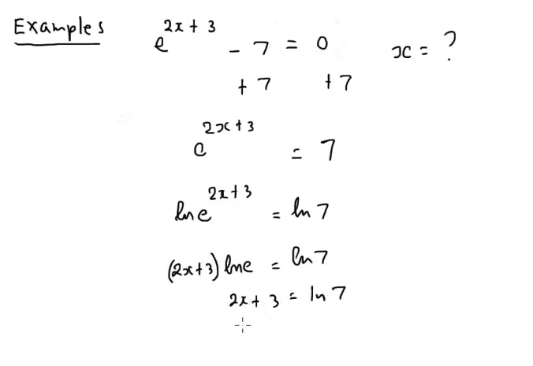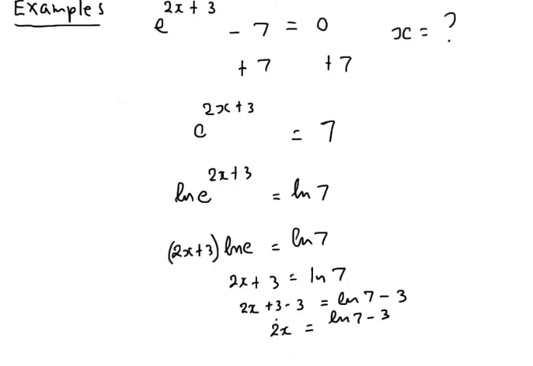Now we say, okay, you get 2x plus 3 minus 3 equals ln 7 minus 3. Then we're going to end up with 2x equals ln 7 minus 3, all together.